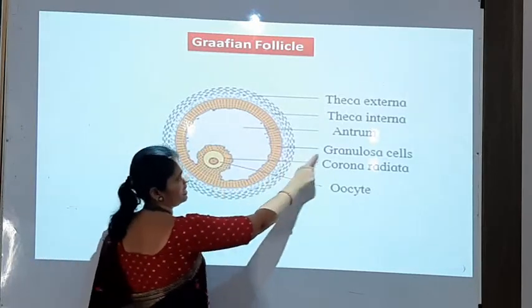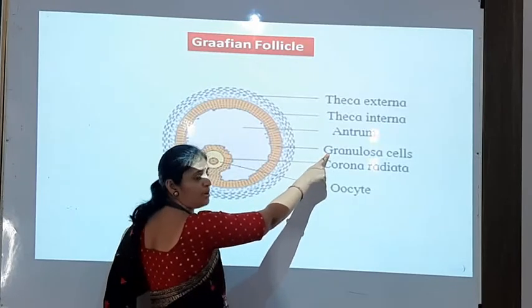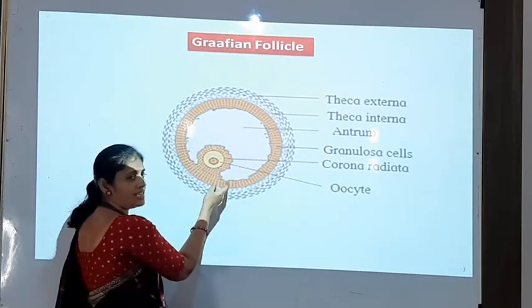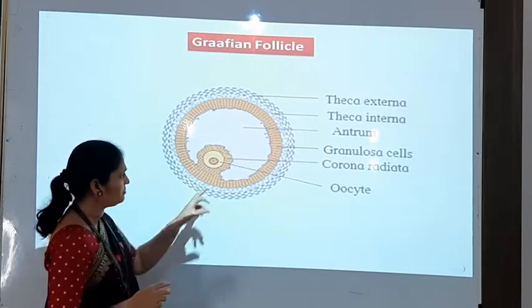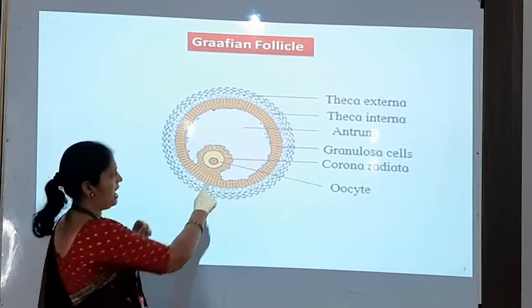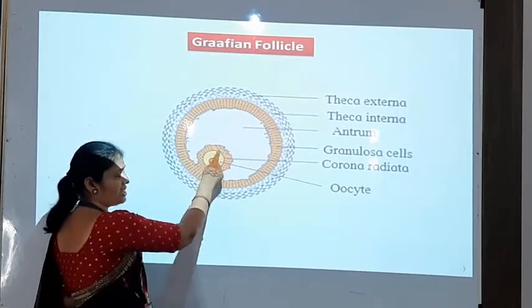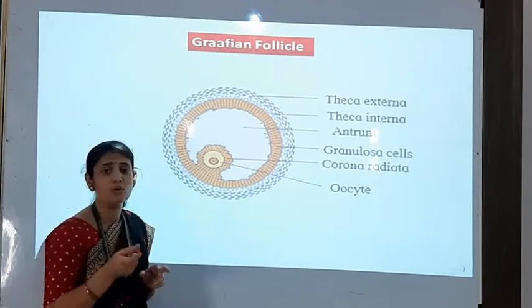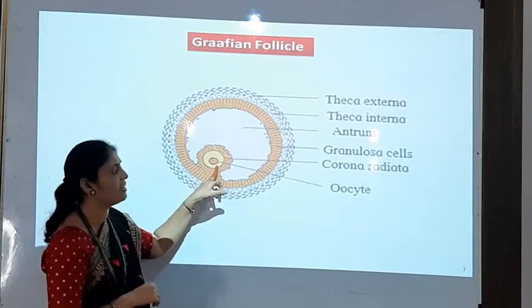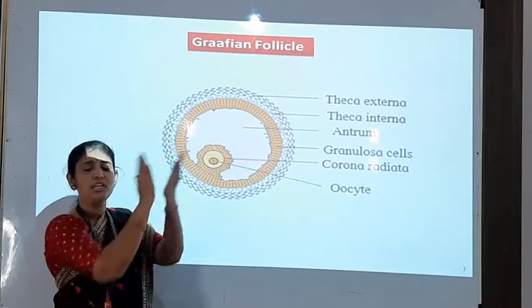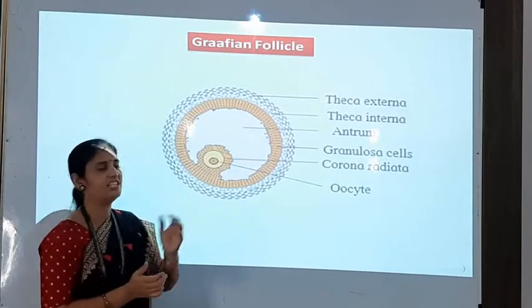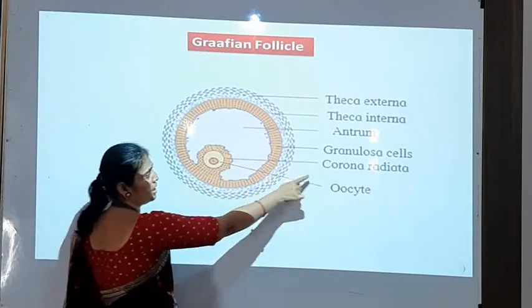These cells are called granulosa cells, membrana granulosa, and these are secreting the non-cellular layer around the secondary oocyte, and that layer is called the zona pellucida. It is not shown here, and above the zona pellucida another layer is present that is called the corona radiata.